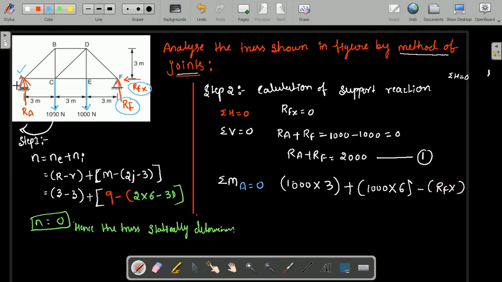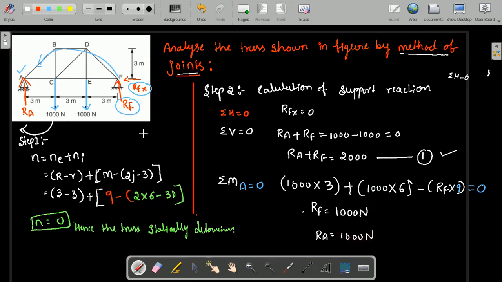The force is here, the point is here, in order to reach this it should come like this, in the anti-clockwise direction, that is minus RF into the perpendicular distance 9, this is equal to 0. You just observe here in the entire equation the only unknown is RF. By simplifying this, you will get the value of RF as 1000 Newton. Just substitute this RF in equation 1, and we get the RA value also, that is also 1000 Newton.